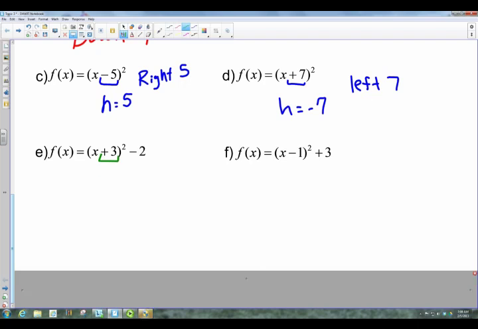On the outside, whether that's up or down, that's your k value. And since it's negative, you're moving down 2. And finally, on the f, we analyze these again. You've got this x minus 1. The minus means that we're moving right. So we're going to be going right 1. And then the plus 3 is an upward movement. So you're going up 3. And there's your final solution.